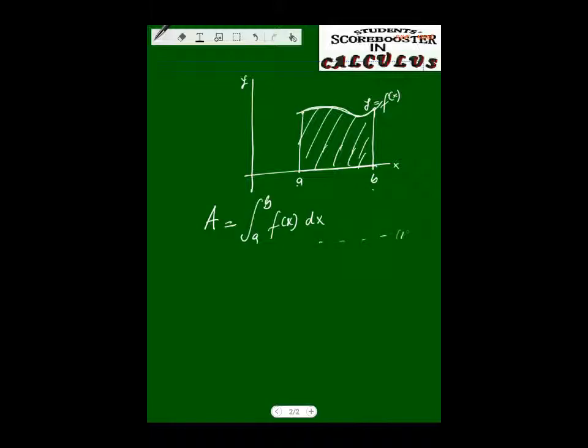So this is our equation 1. So the area under this curve is given by the integral from a to b of f of x dx.